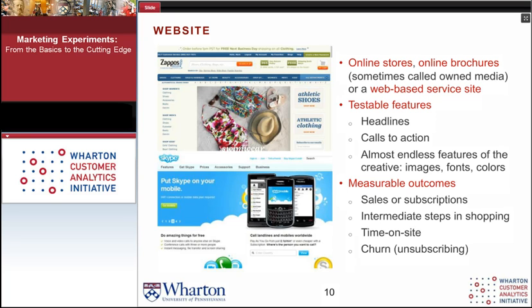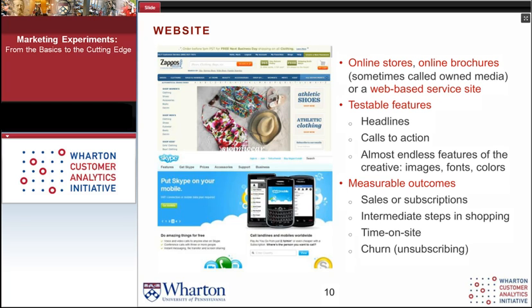On your website, there's the same sort of slew of testable features as you might have in email. So there's the headlines and the call to action and all the interesting things about the creative, and the same sort of set of measurable outcomes, the sales. A lot of people use measurements of intermediate steps in shopping, like putting a product in the cart, the time on site, the churn, all those types of things can be measured.